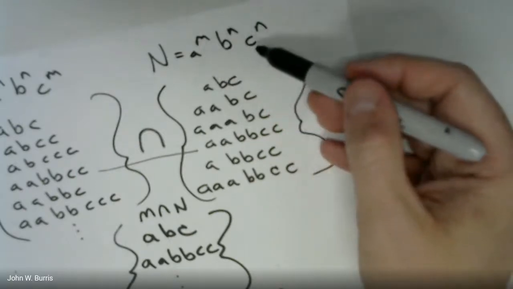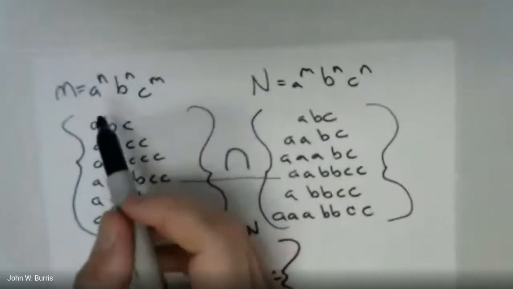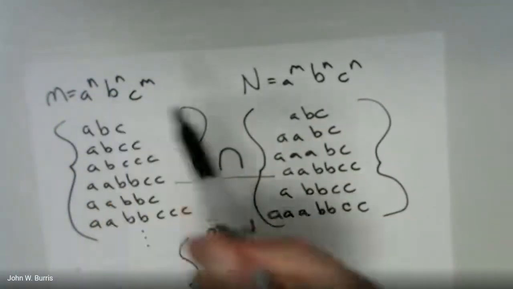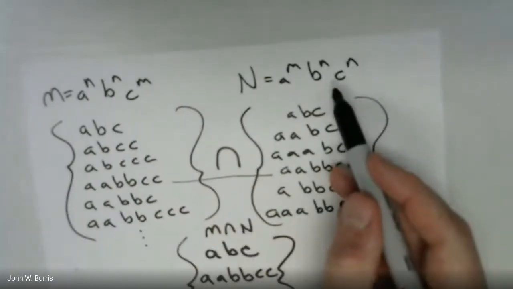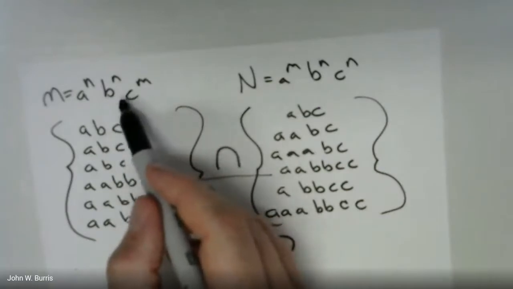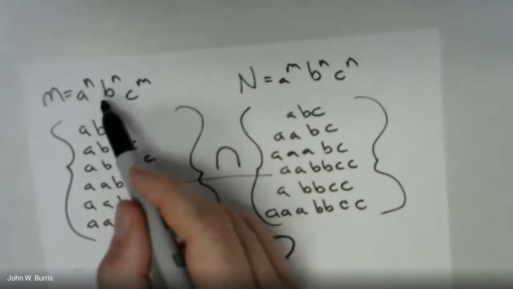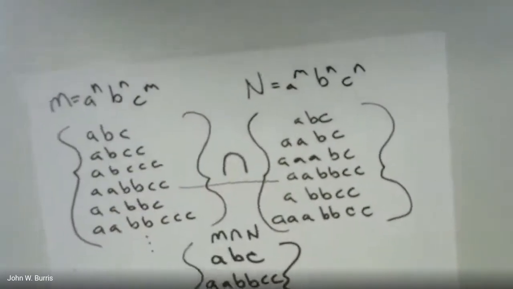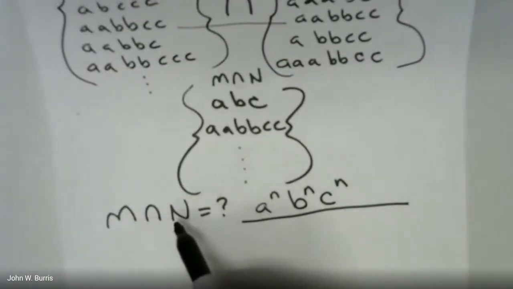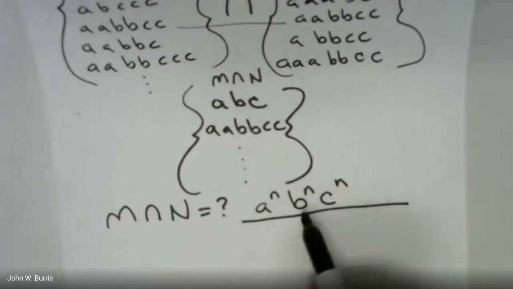And in that case, the number of B's is also equal to the number of C's. If N is going to have something that's shared with M, then the B's and the C's have to be equal. Well, that means the A's and the B's also have to be equal. So the intersection of M and N is A to the N, B to the N, and C to the N.